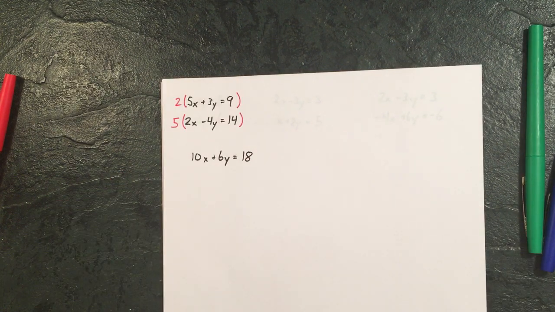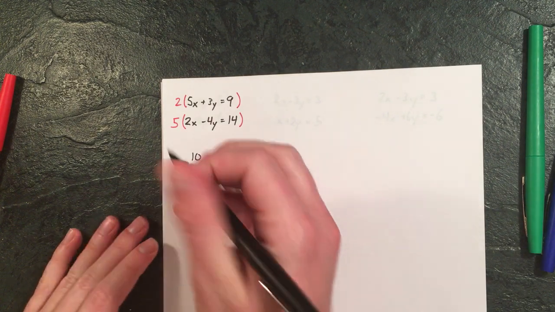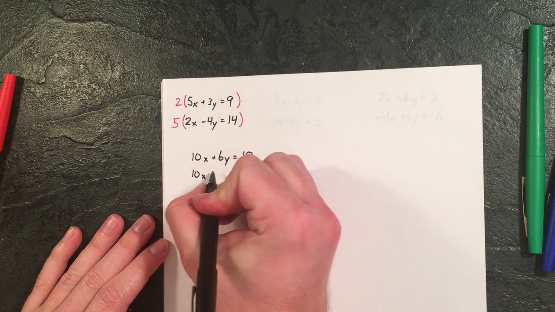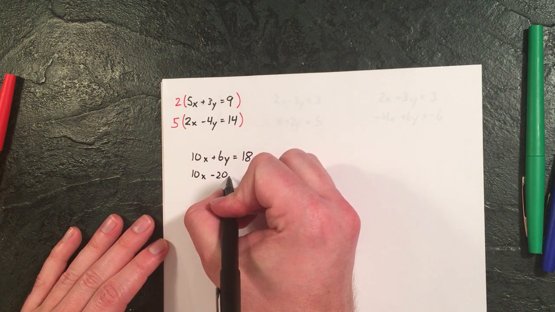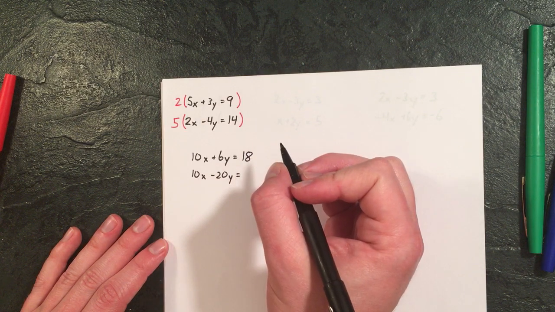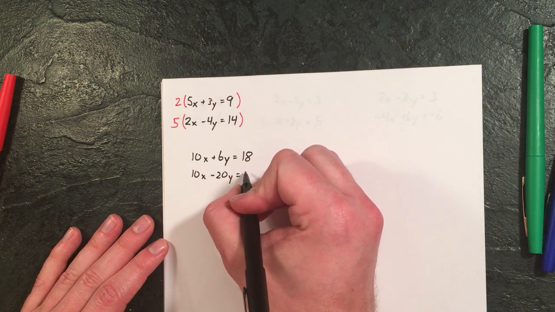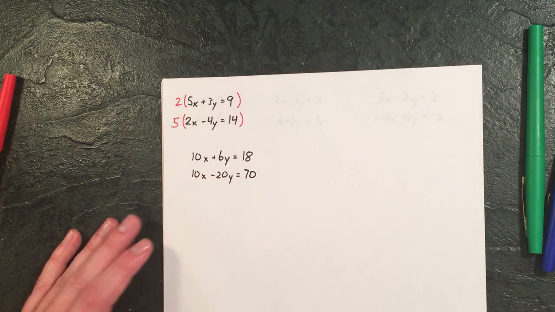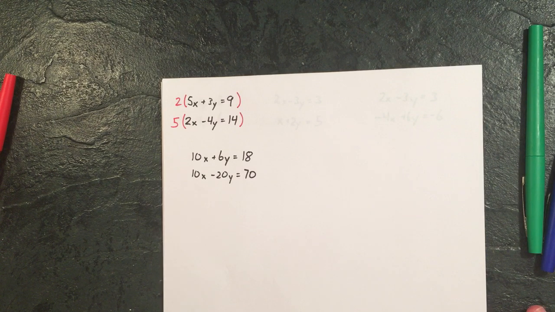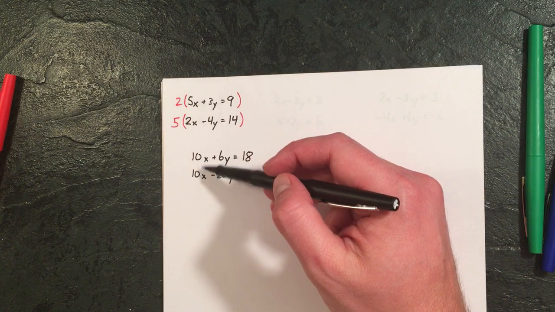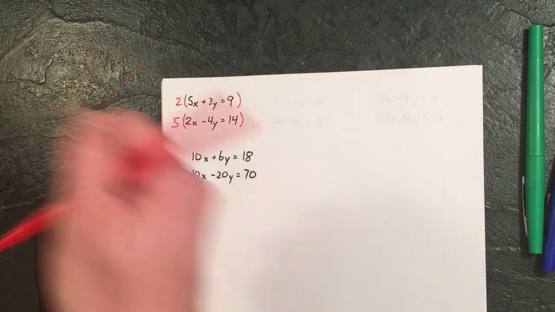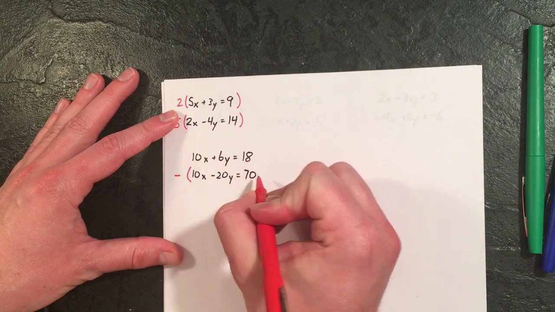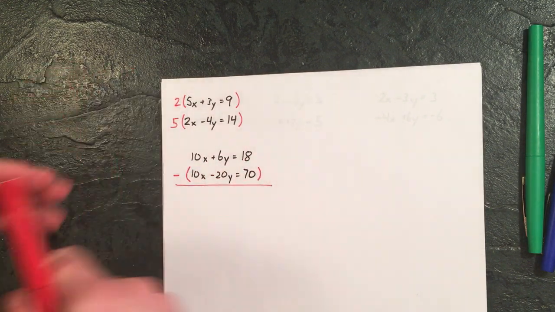So 10x plus 6y equals 18. The next one, if we multiply by 5, 10x minus 20y equals 70 is what we're looking at here. At this point, since both of the x terms have a 10 in front of them, we can subtract them from one another.